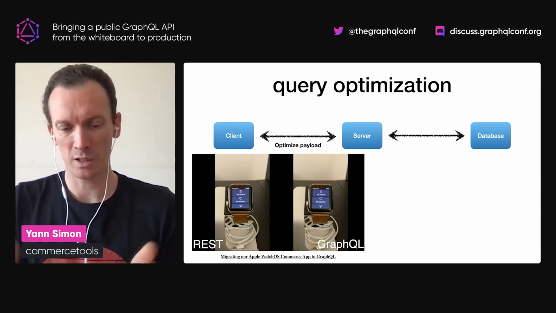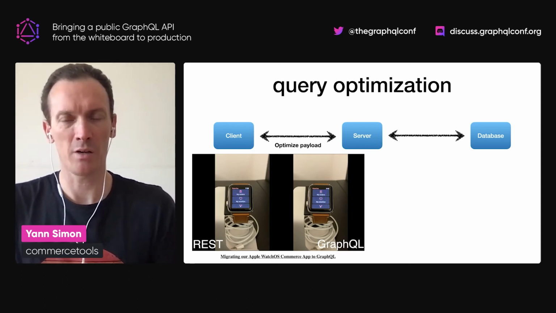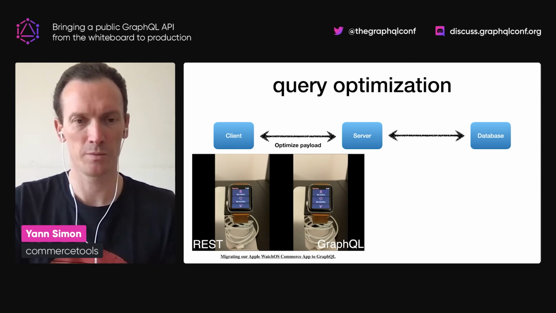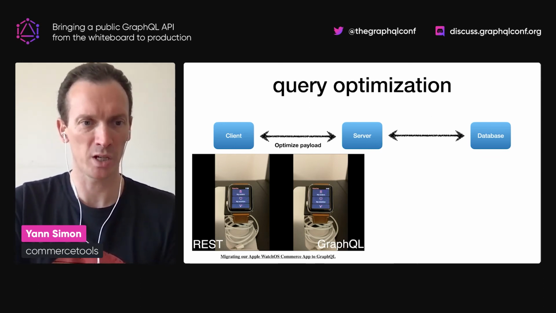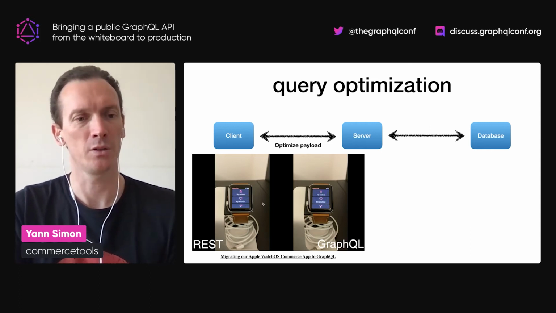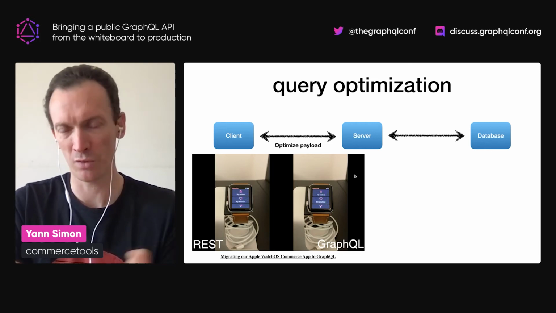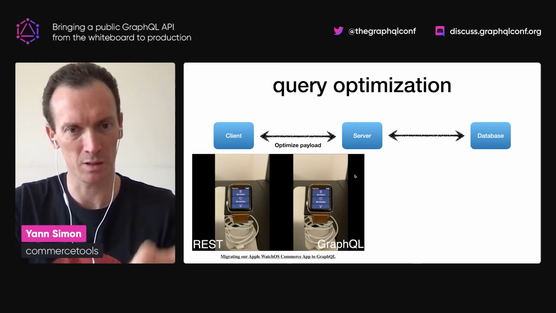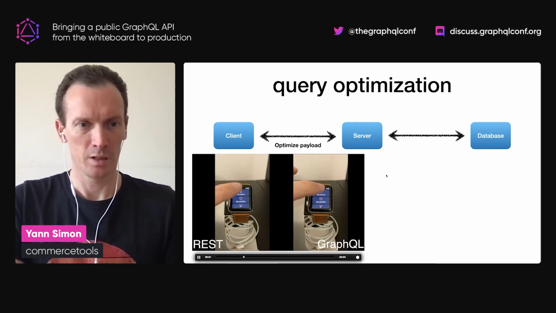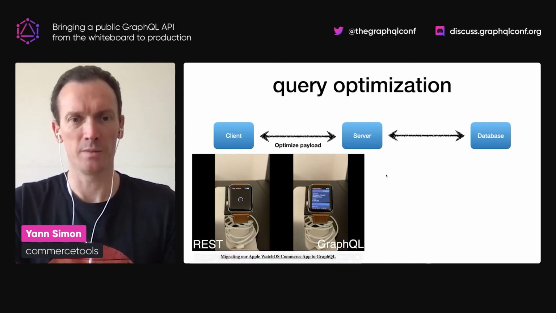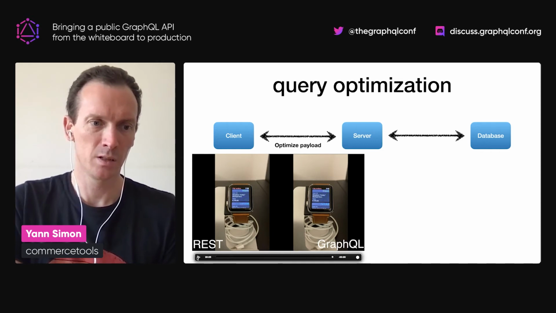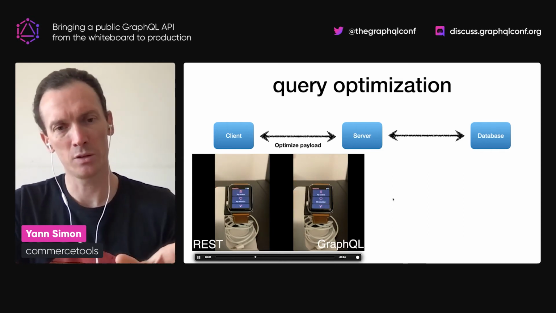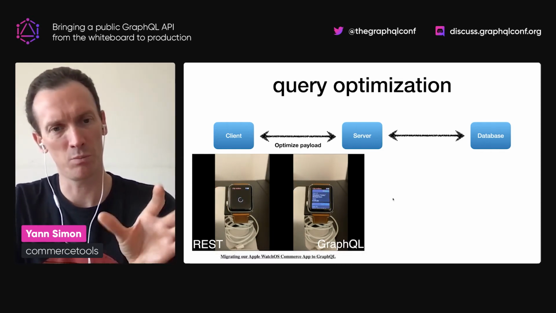We wanted to check how much impact it has to minimize this payload. And this is an example with an Apple Watch application. On the left, using REST API, on the right, using GraphQL, just to fetch the fields that are necessary. What you can observe here is that by just minimizing the payload, the application is much more responsive.